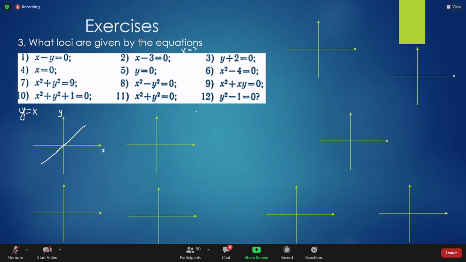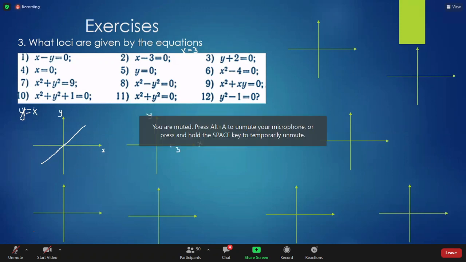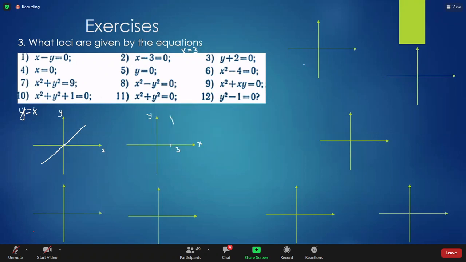So now what we do is, of course, for all y values, x is 3, it means the line is vertical. Poor sketch. But this is number 2, x equals 3 for all values of y, so a vertical line. And what about number 3, y plus 2 is 0?